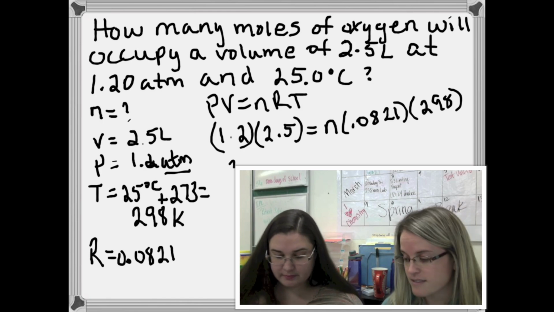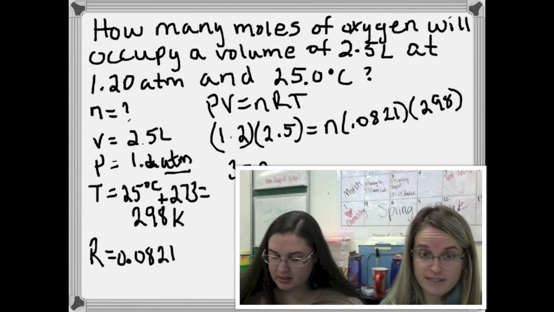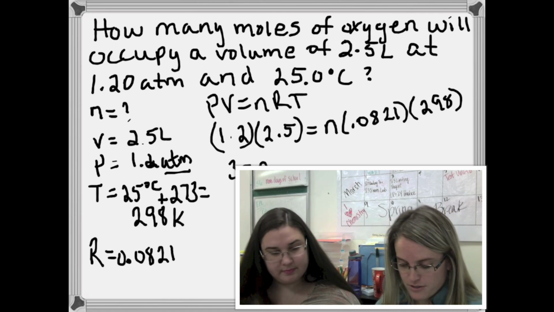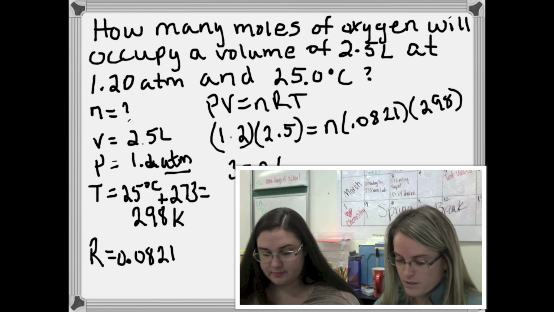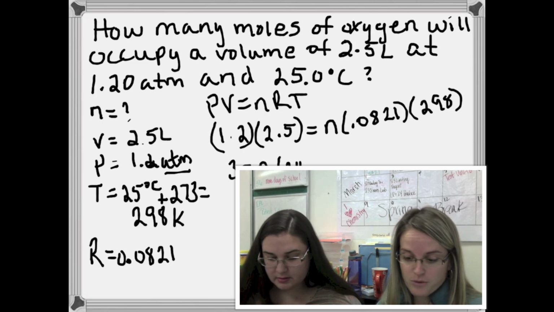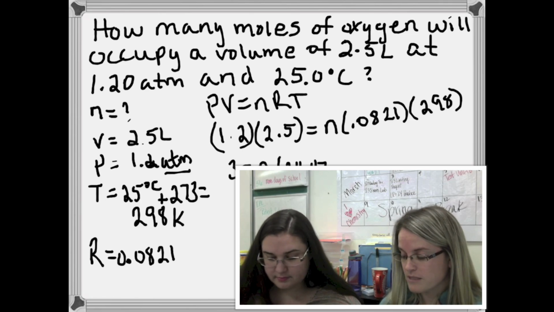We're going to condense this so we have nice single-digit numbers to work with, simplifying our math. On the other side, 0.0821 times 298 gives us 24.47 if we round to two decimal places.